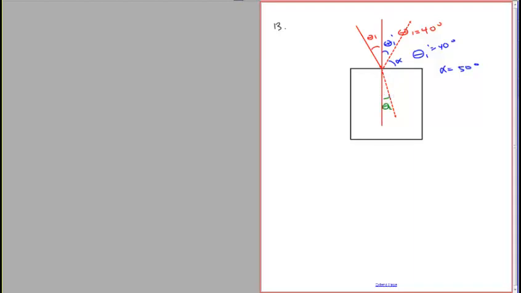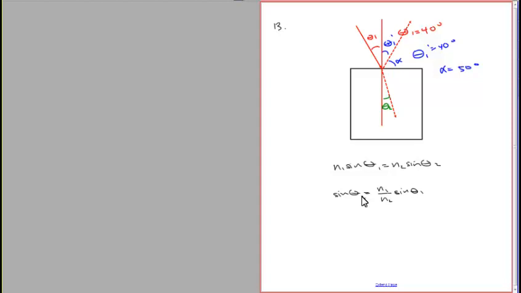And we can use the law of refraction for the second part. What that says is that n1 sine of theta 1 is equal to n2 sine of theta 2, or that the sine of theta 2 is equal to n1 over n2 times sine of theta 1.